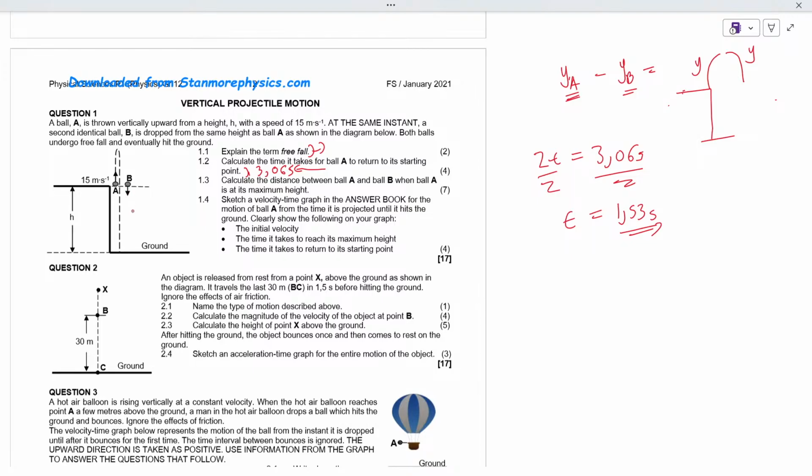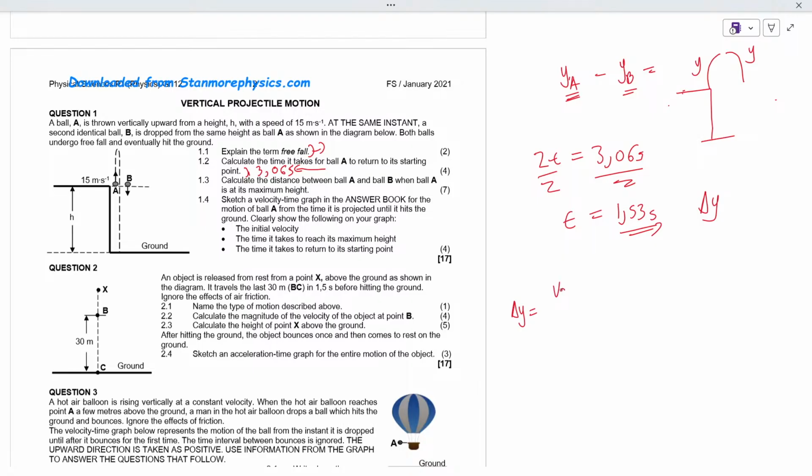All right. Okay, so let's look at the formulas now and see which formula we can use to get the distance. We are looking for formulas that have the distance. I think we can use delta y is equal to final velocity minus initial velocity, all divided by 2, multiplied by time.